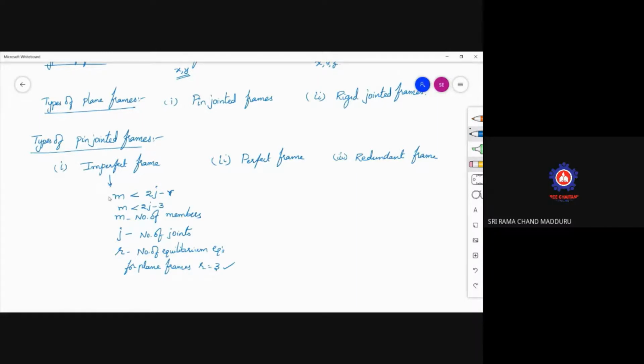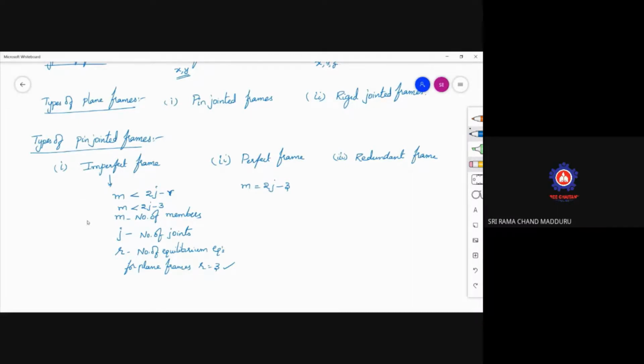You can also consider an imperfect frame, in simple words, as an unstable structure. The structure is not at all stable. Whereas for a perfect frame, m is equal to 2j minus 3.